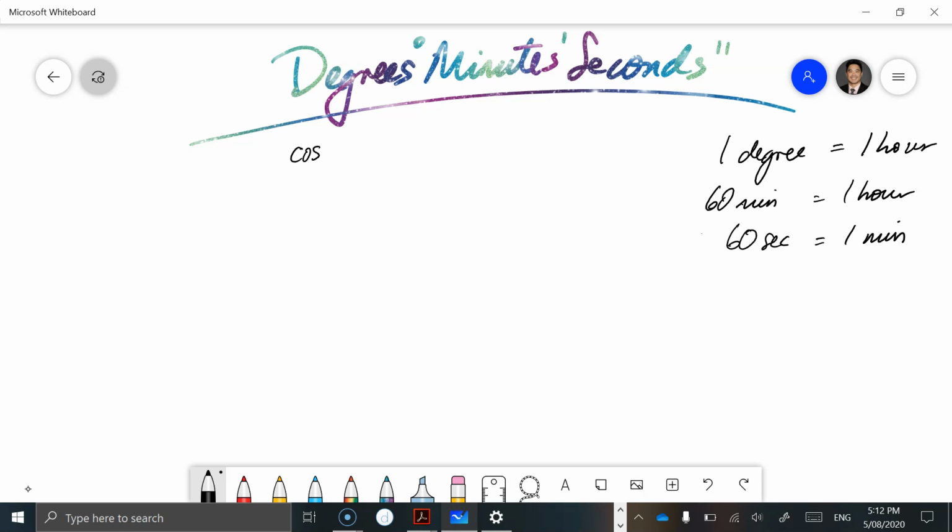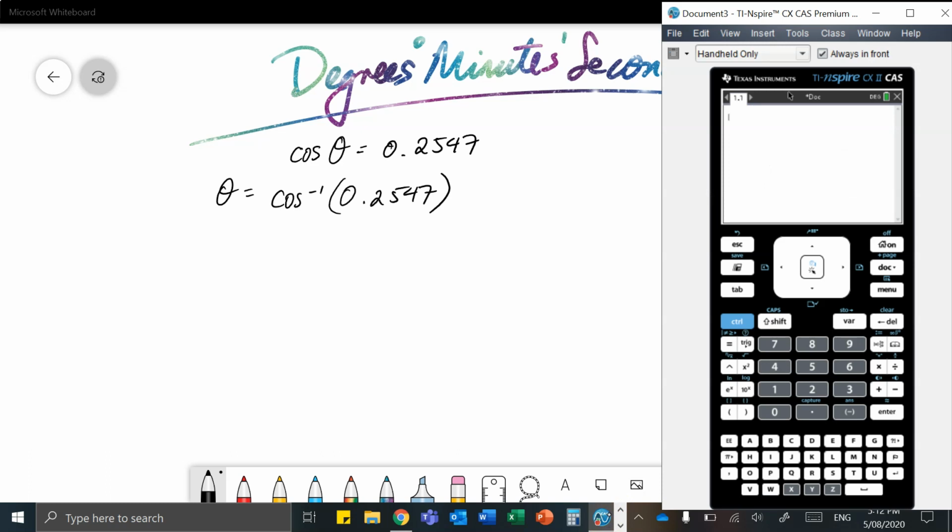So let's say we have cosine of theta is equal to 0.2547, and we want to figure out what the angle is in decimal, and then convert that into DMS. So we want the inverse cosine, so theta is going to be the inverse cosine of 0.2547, and we can get our calculator out for that.